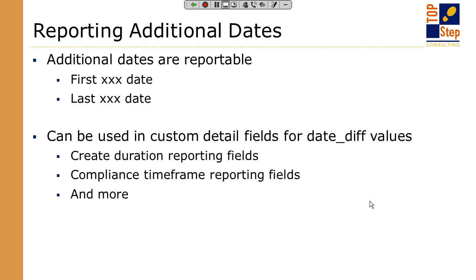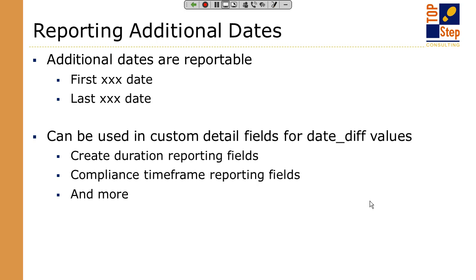Or you can use it to say, what's the average time that people are taking to submit their timesheet. The timesheet submit date minus the timesheet start date gives you an average number of days it's taking people to submit their timesheets. Okay?